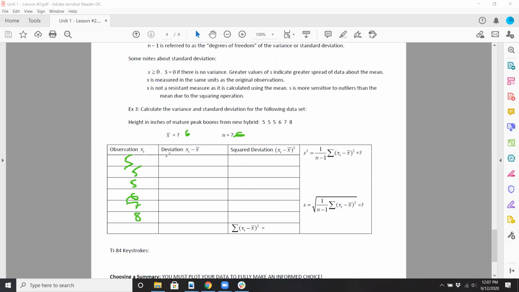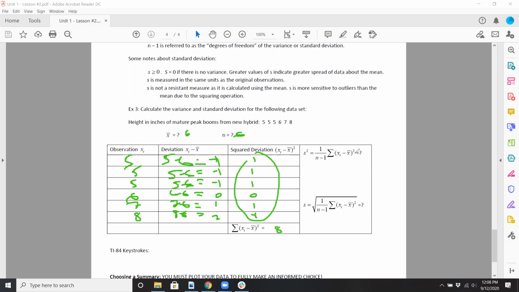And if we do xi minus x bar, I'm doing 5 minus 6, 5 minus 6, 5 minus 6, 6 minus 6, 7 minus 6, and of course 8 minus 6. -1, -1, -1, 0, 1, and 2. If I square all those suckers, then I get 1, 1, 1, 0, 1, and 4. And if I add up all these, I should get 8.